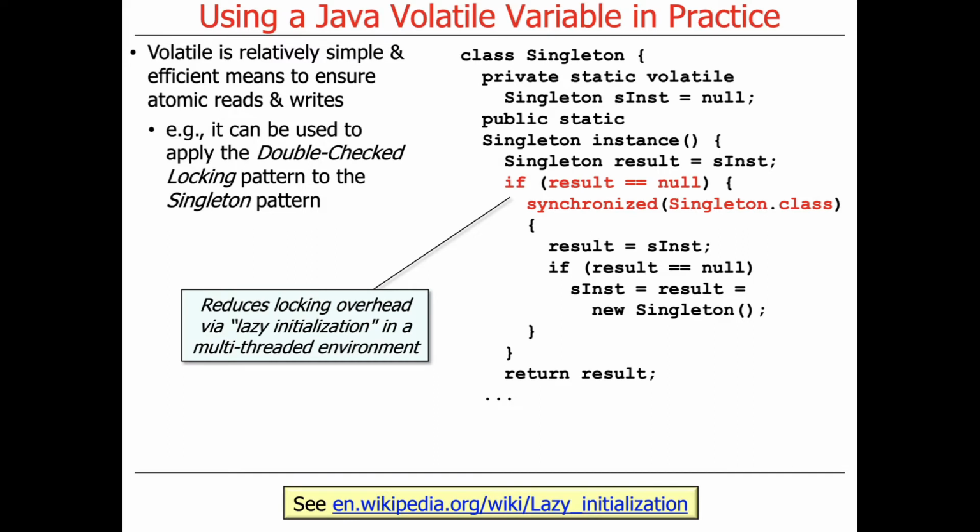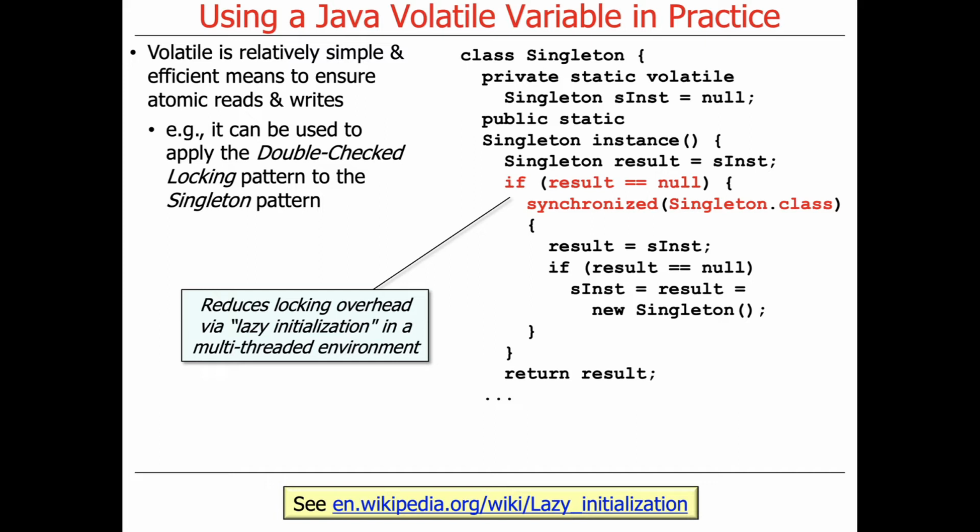So here's the issue. Remember, singleton wants to only have one instance of something. But if you use singleton out of the box from the Gang of Four book, you can end up with multiple instances of the singleton created if multiple threads come through at the same time before the singleton is initialized. The whole point of singleton is to do lazy initialization, where the first time in, you create the singleton variable.